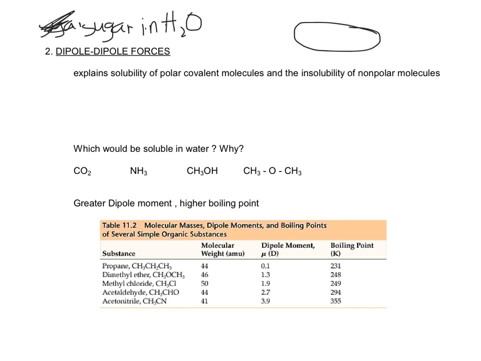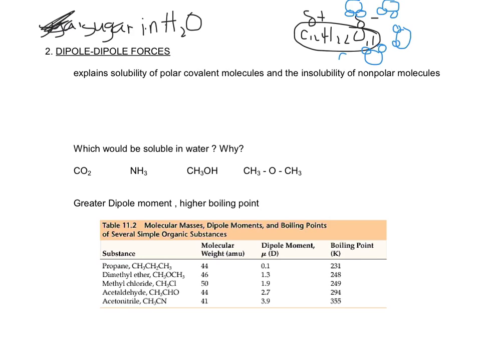So let's say you've got C12H22O11. That's sucrose or table sugar, and so that's a polar molecule. Let's say this is slightly negative, this is slightly positive, and so same idea. The water is going to be attracted to it as well, and so on the negative end, the hydrogens will surround your sugar molecule like this.